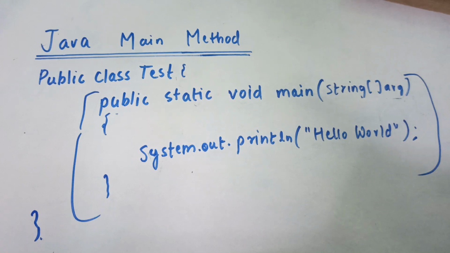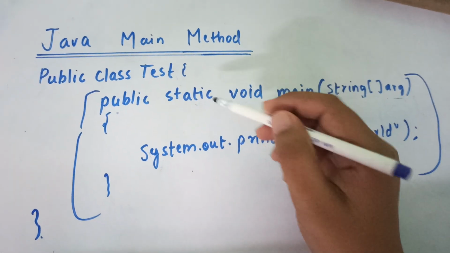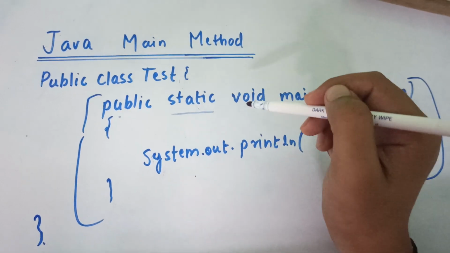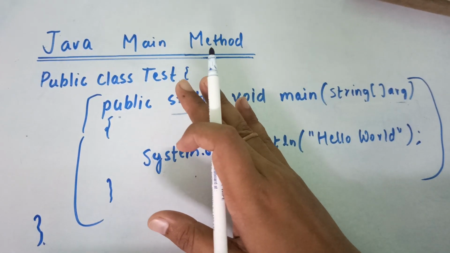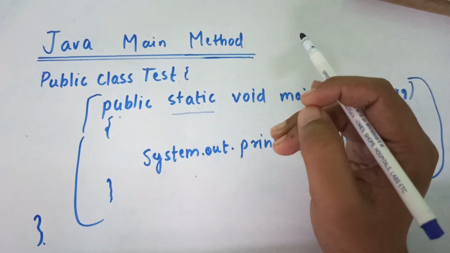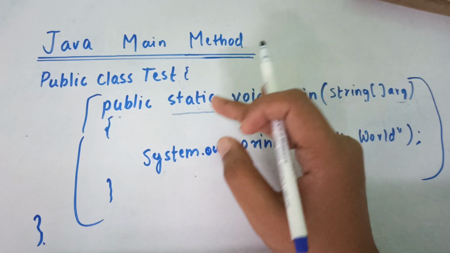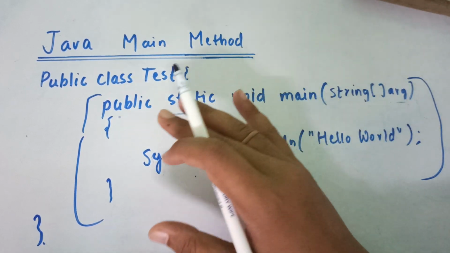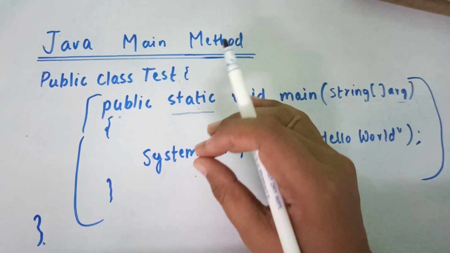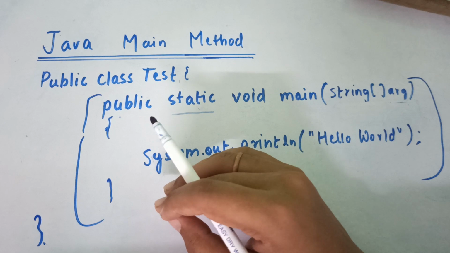Now why is it static? When a Java program starts, there is no object of the class present. So the main method has to be static so that the JVM can load the class into memory and call the method without creating an instance of the class first.